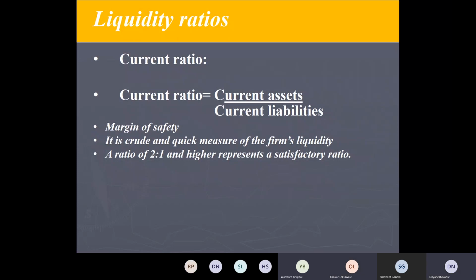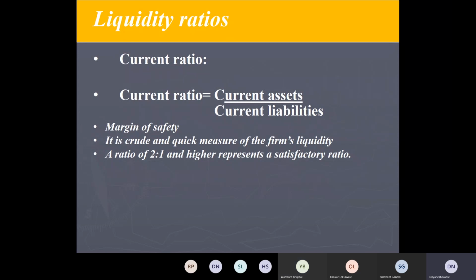Interest, salary. Loans which are becoming due in the short term from now. Then there are creditors from whom we have taken credit. Then there are other operating expenses maybe. So these are all things coming under current liabilities.